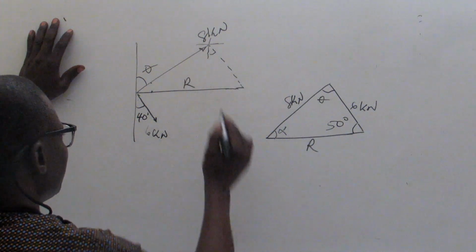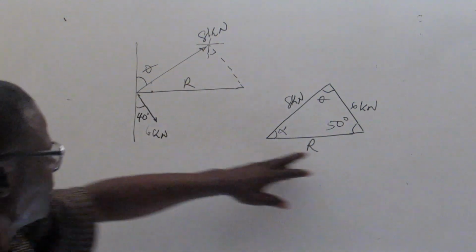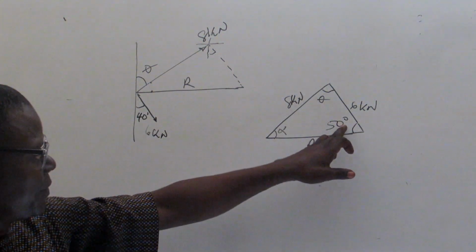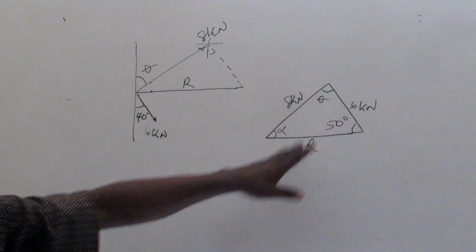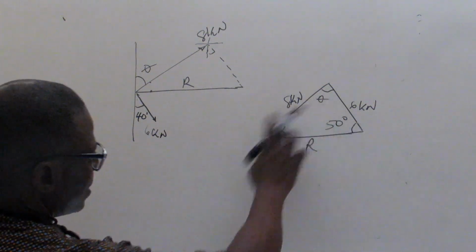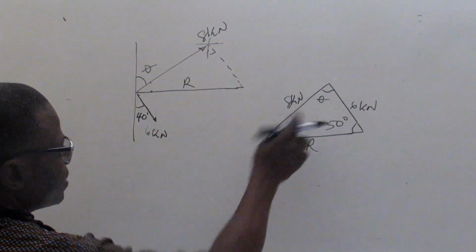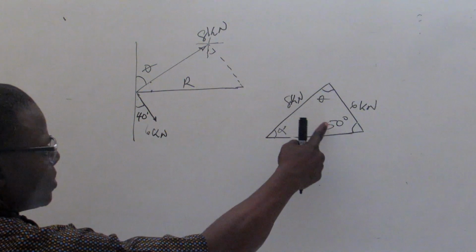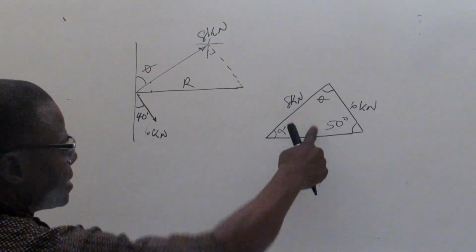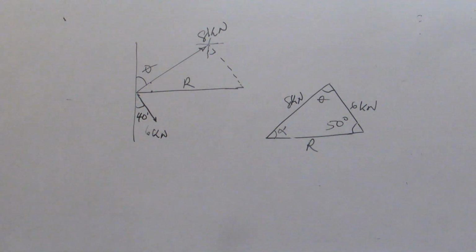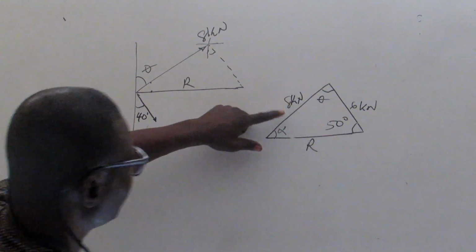So, this is 50 degrees. We can use any of these, either sine rule, this over sine this. Can we arrive at any reasonable answer? Yes.